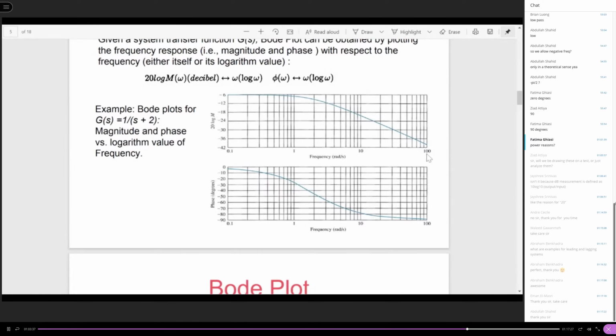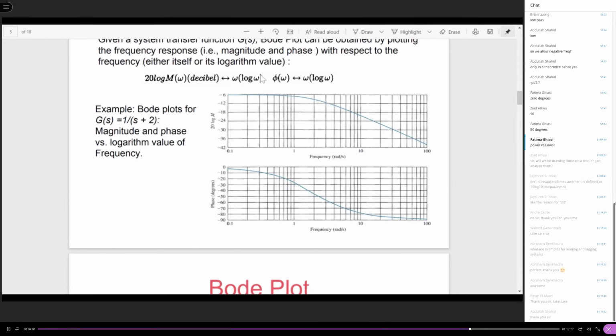If you use the logarithm, you can compress the range of the frequency in a more effective way. You can express the frequency response in a short interval. You can describe quite a large spectrum in a short interval.